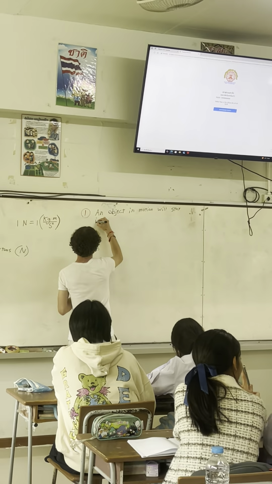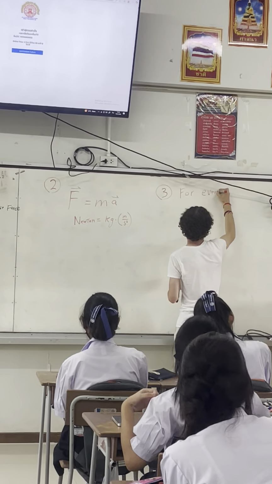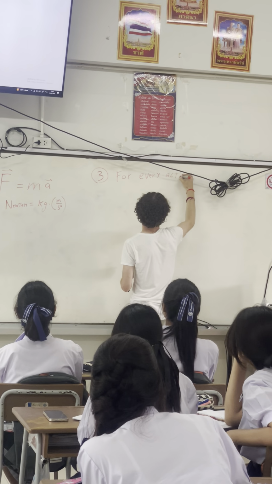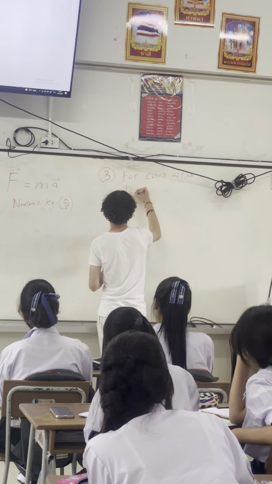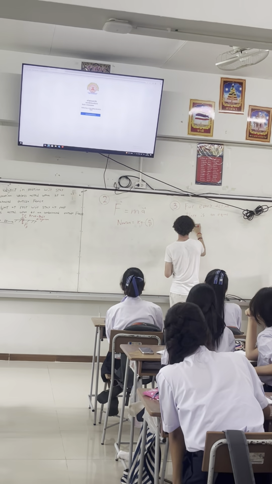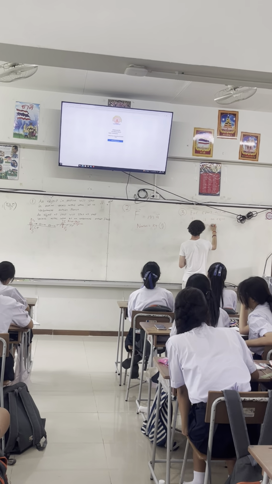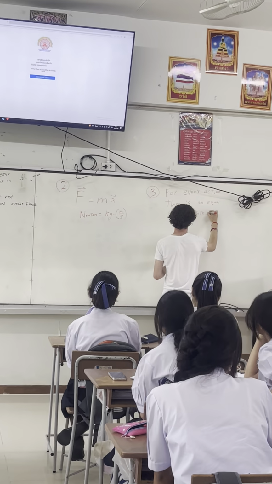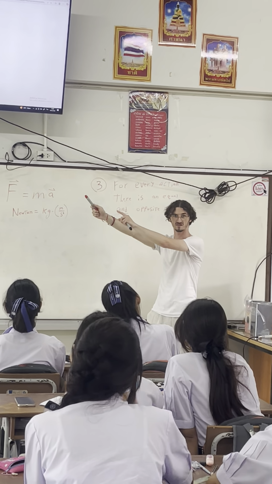The third one before we go is: for every action, there is an equal and opposite reaction. Meaning, if I throw this pen, I am pushing this pen with a force.